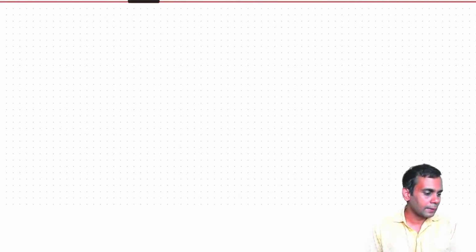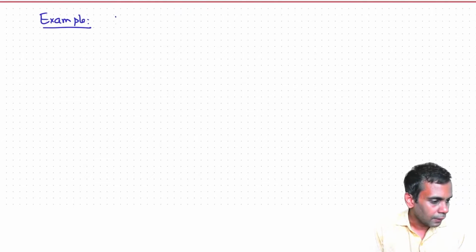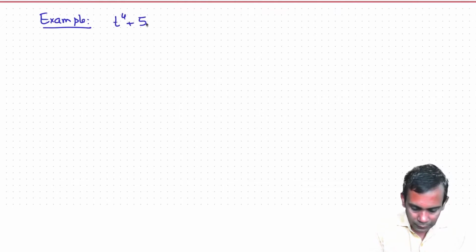Let's look at some examples. So here's a simple example. Just take the polynomial t to the 4 plus 50t squared plus 30t plus 20.